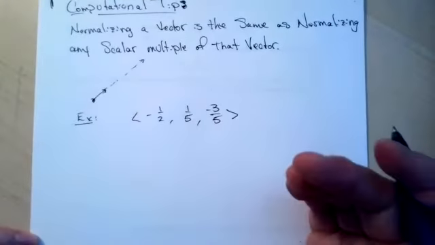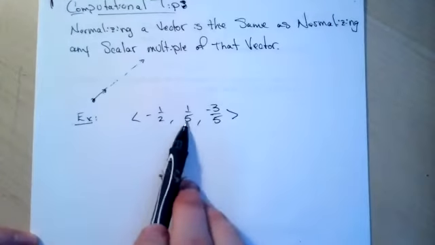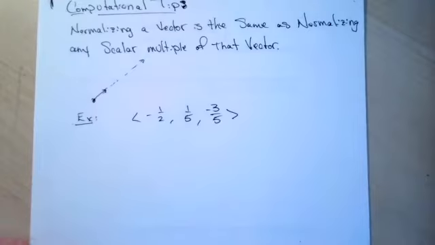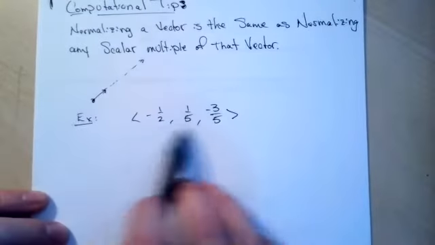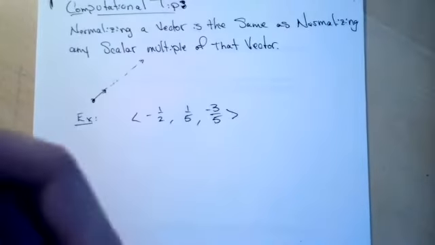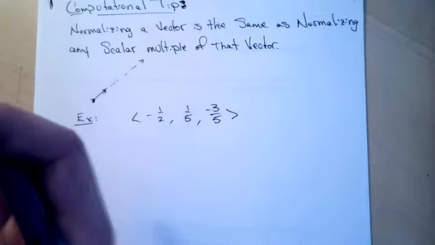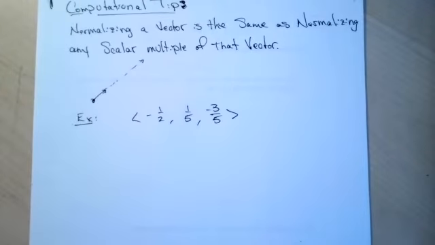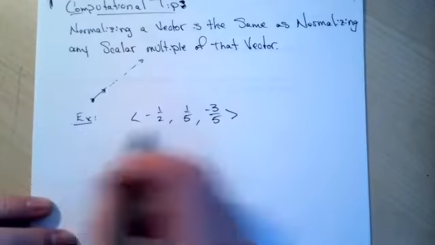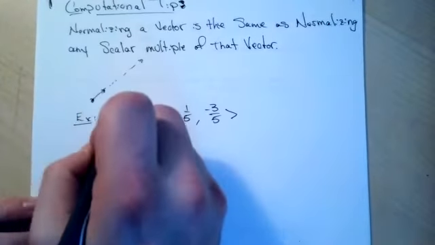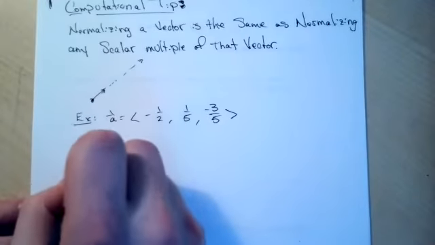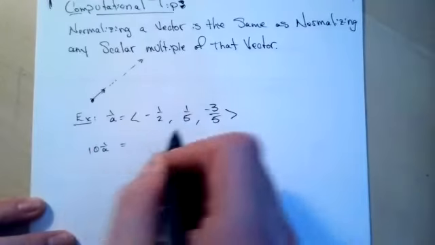So if we want to normalize this vector, you have to do that one squared plus that one squared plus that one squared, then take a square root. You got a lot of terms squared and a lot of fractions. So it's going to be a little messier to do all of that individually. What you can do is multiply this. Let's call this A. Well, if we multiply the entire vector A by, say, 10, what's that going to give us?